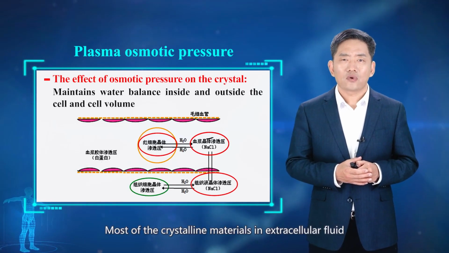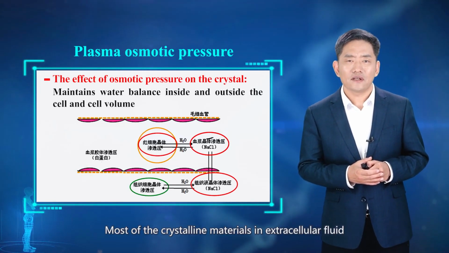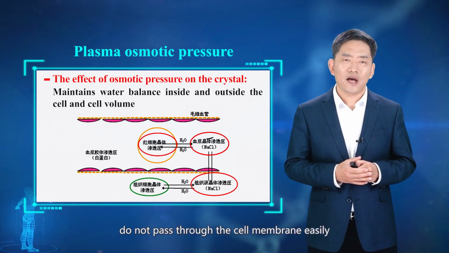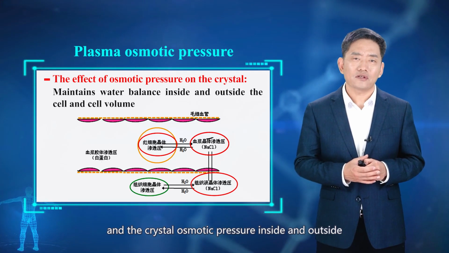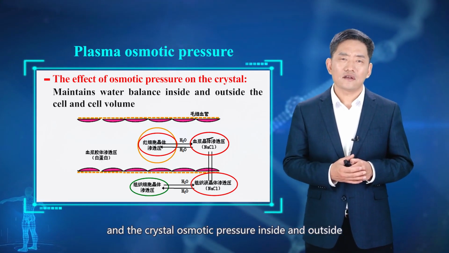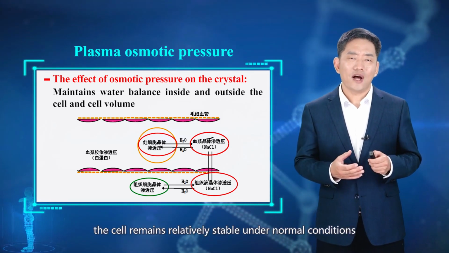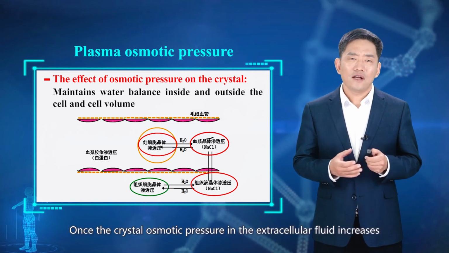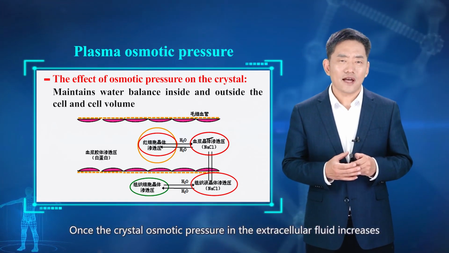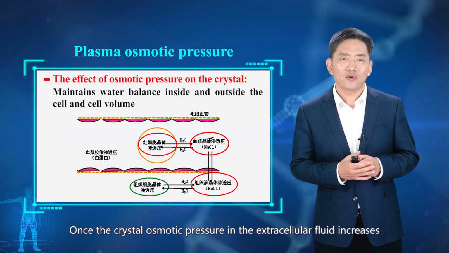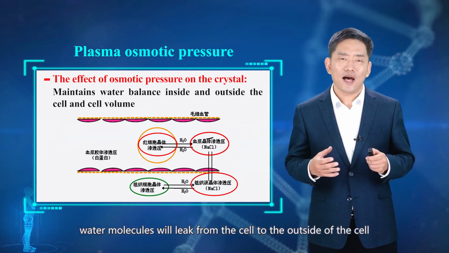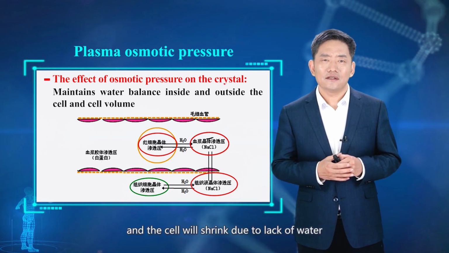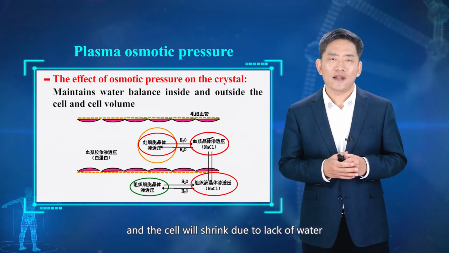Most of the crystalline materials in extracellular fluid do not pass through the cell membrane easily, and the crystal osmotic pressure inside and outside the cell remains relatively stable under normal conditions. Once the crystal osmotic pressure in the extracellular fluid increases, water molecules will leave the cell to the outside, and the cell will shrink due to the lack of water.